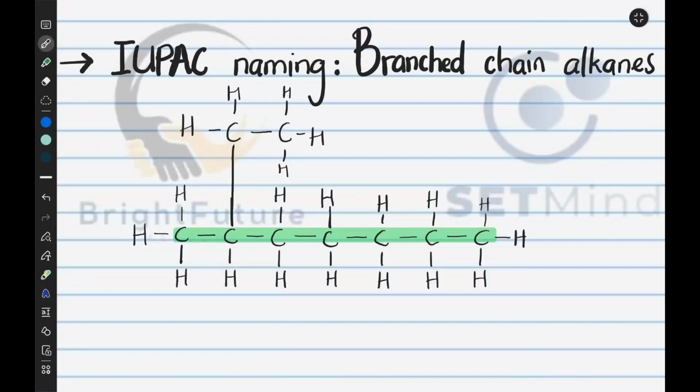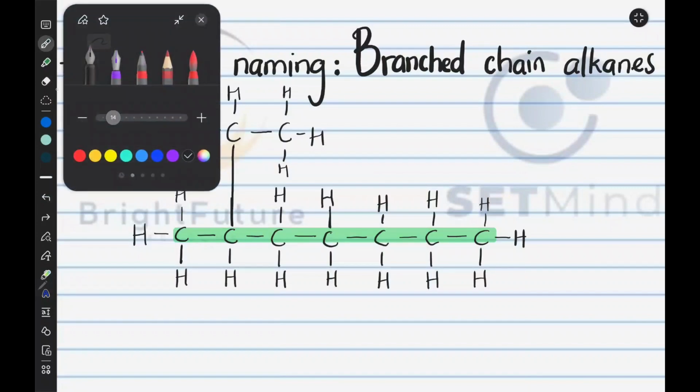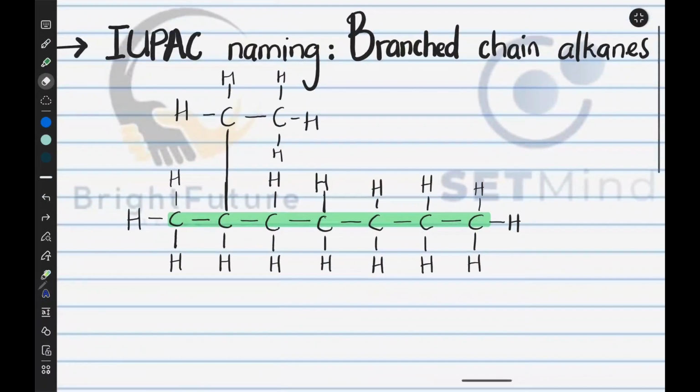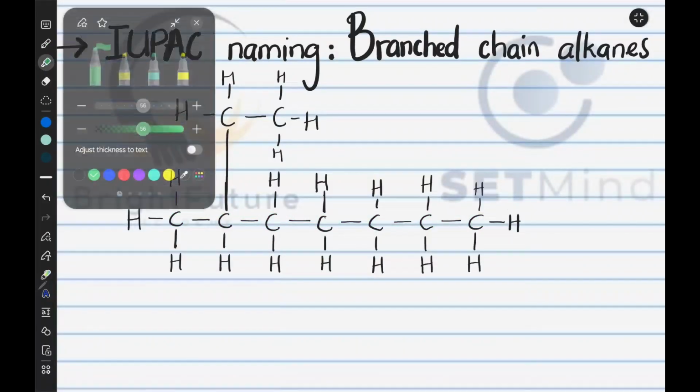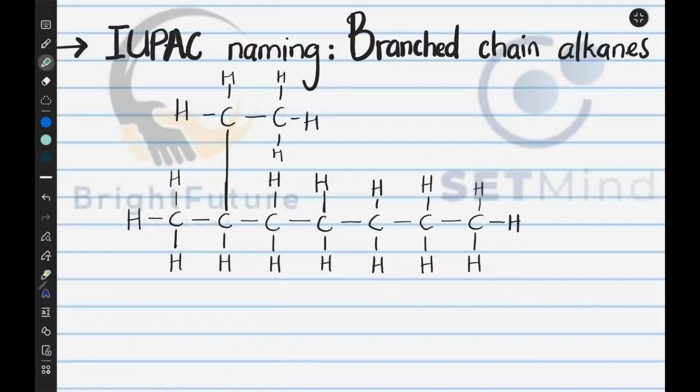Okay, so what that means is, if you check, our long chain in this case is 1, 2, 3, 4, 5 until 7 carbon atoms, but we can also have another continuous chain there. If I remove this and start counting here, we come there, that's another continuous chain.